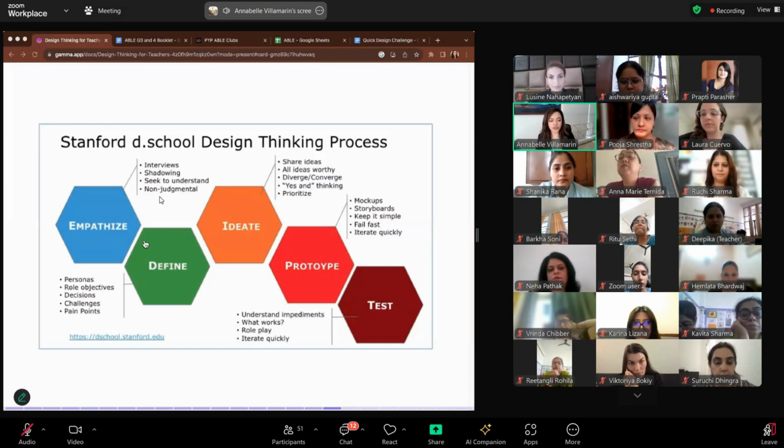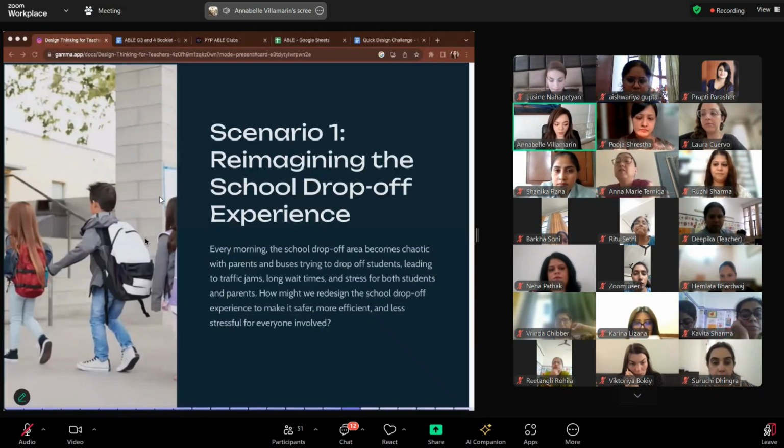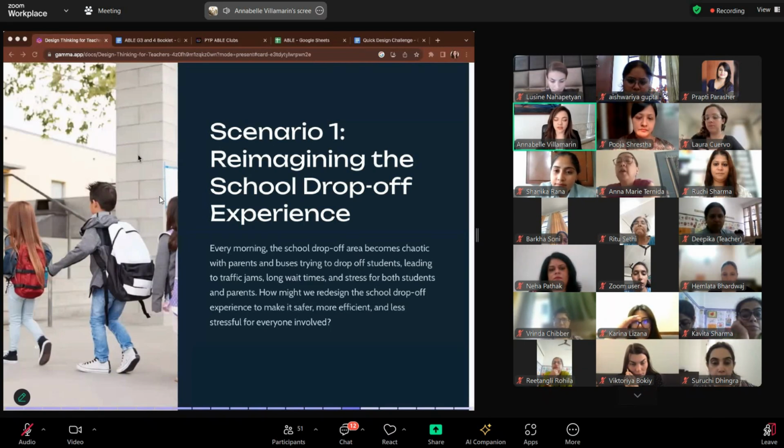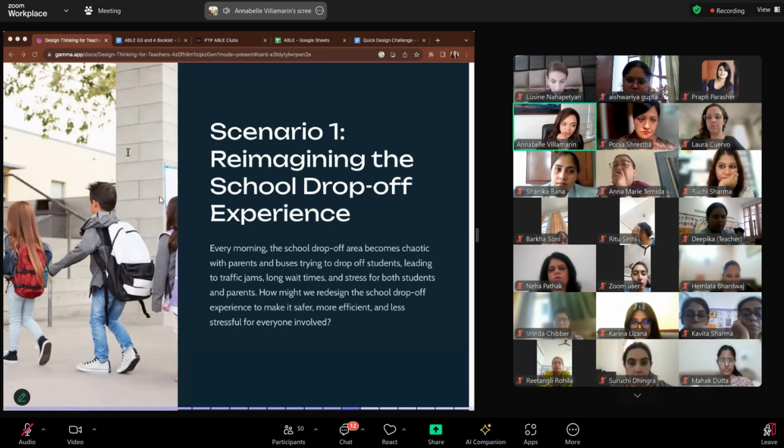Now, the first scenario, if you were assigned scenario number 1, this is your task. You are going to reimagine the school drop-off experience. So we're using the design thinking protocol as teachers, right? Every morning, the school drop-off area becomes very chaotic.